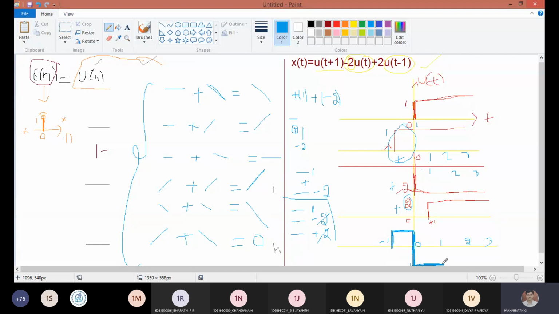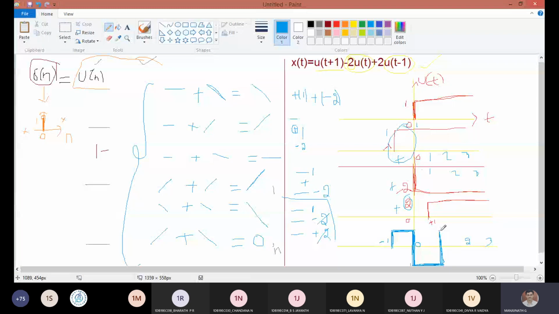So at this position, the signal will go up because of its amplitude 1. After this, it will be constant, sir. These two signals get cancelled or not? Yes, sir. So the signal will continue like this.